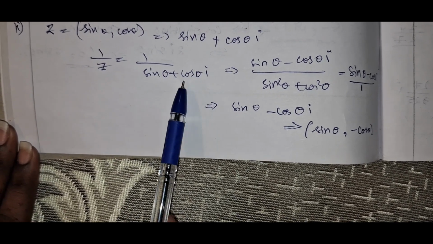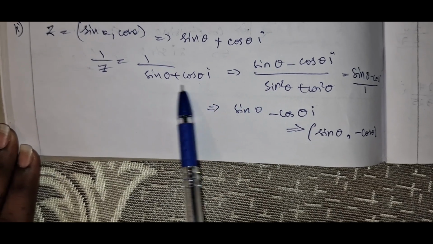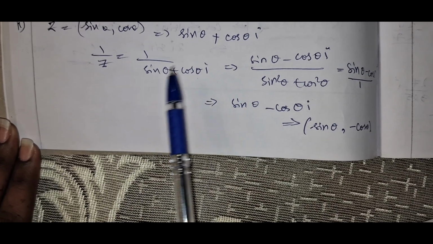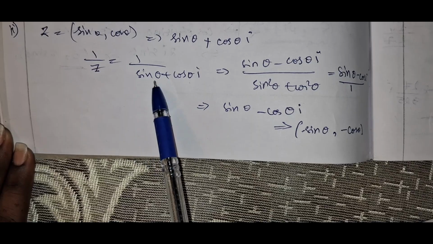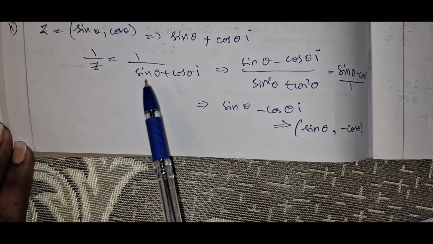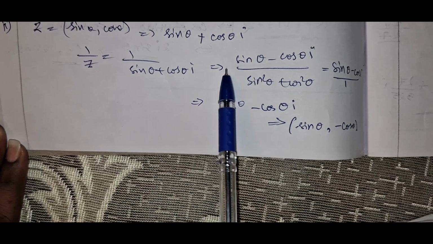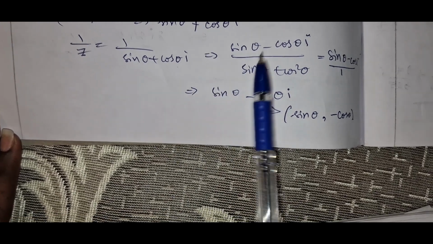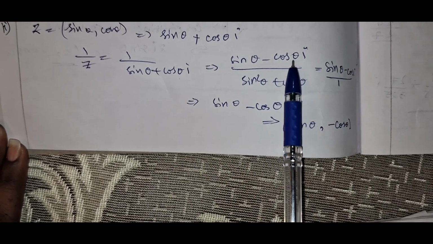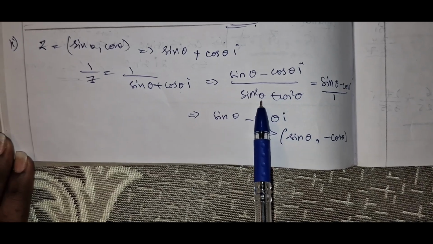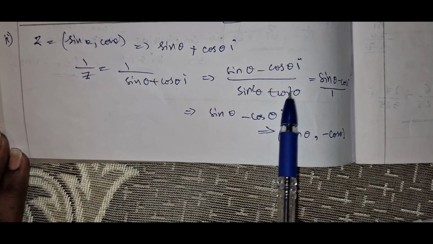Rationalizing it with the denominator, we get 1 into sin theta minus i cos theta by sin theta plus i cos theta into sin theta minus i cos theta, which is equal to sin theta minus cos theta i by sin square theta plus cos square theta.